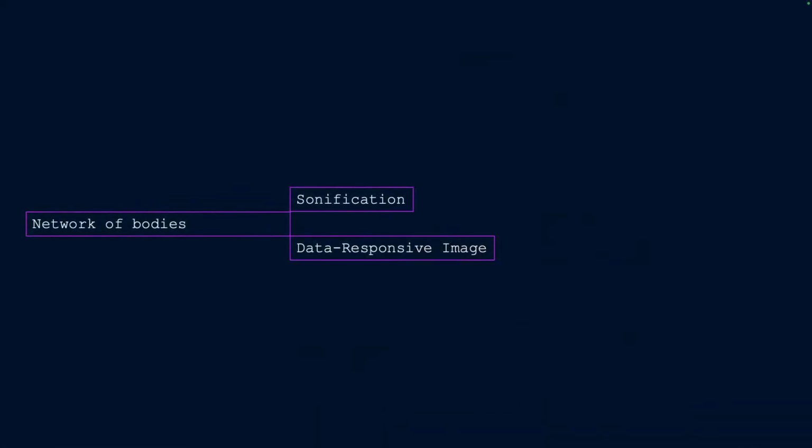So here, as I just mentioned, you have these two modalities, the sonification and what I call data responsive images. Basically, the idea is to implicate all bodies into this loop.